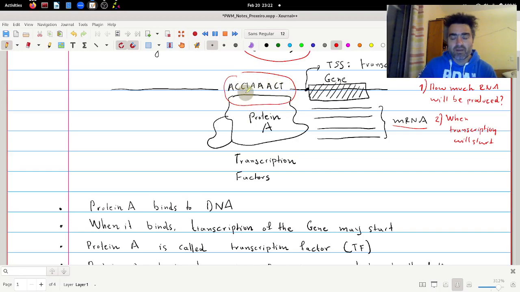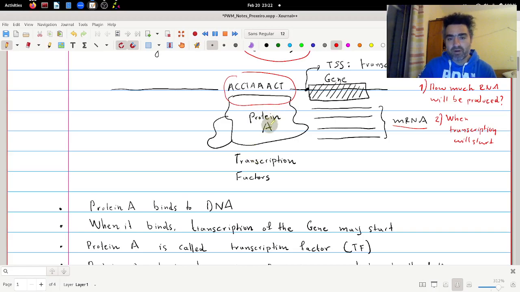For example, a sequence like ACGTAAACT. There is no certain rule that will define which sequences are appropriate for this protein to bind.